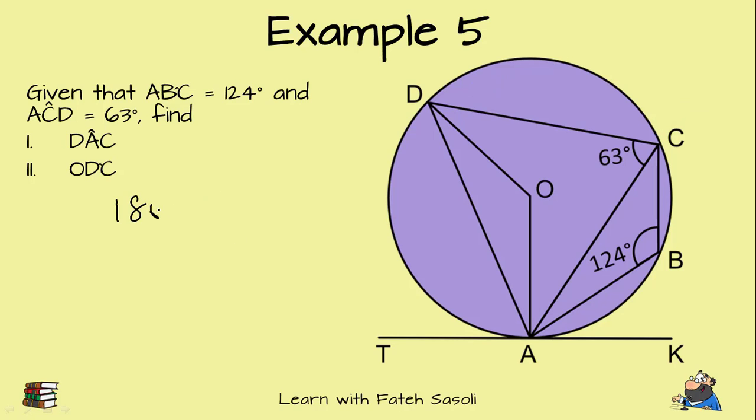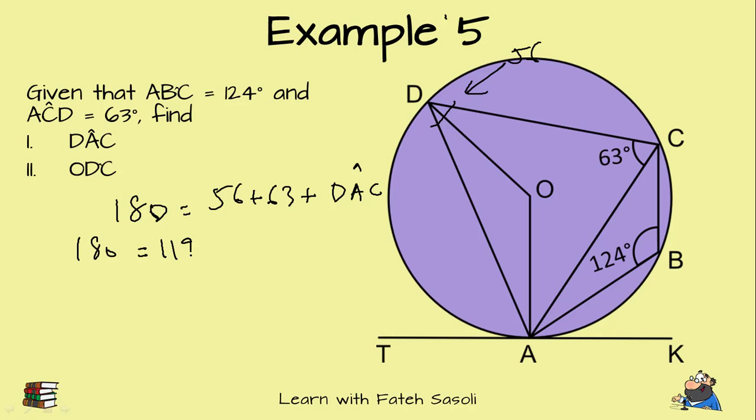This would be 180 is equal to, this was 56, so 56 plus 63 plus angle DAC. So 180 is equal to 119 plus DAC, and DAC came up to 61 degrees.